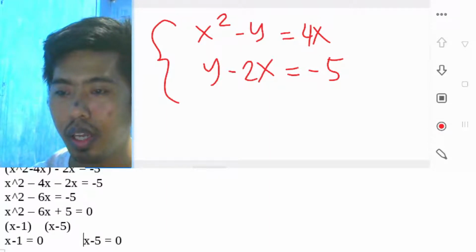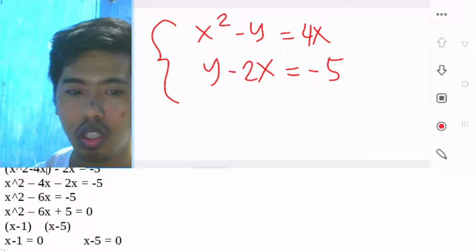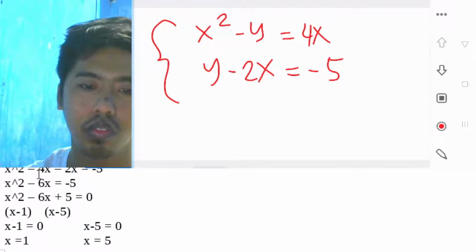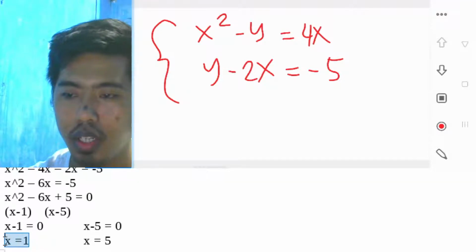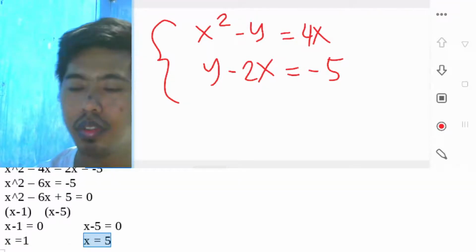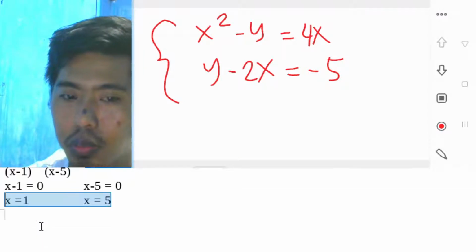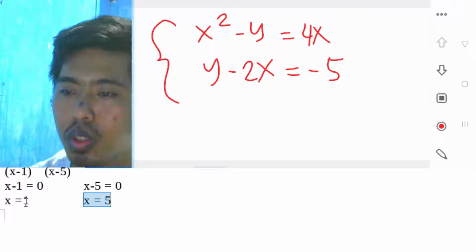So the two values of your x's should be 1 and positive 5. Okay, so take note, we have our x's already. Okay, now let's proceed to y. Now let's use these values respectively.